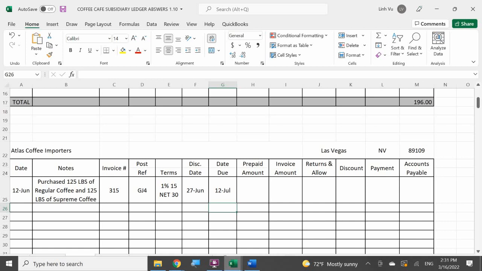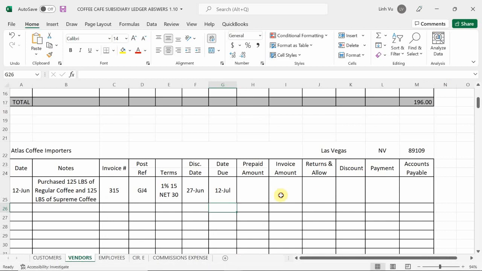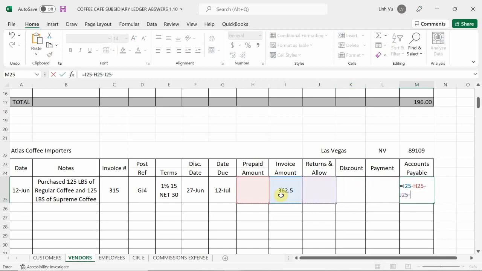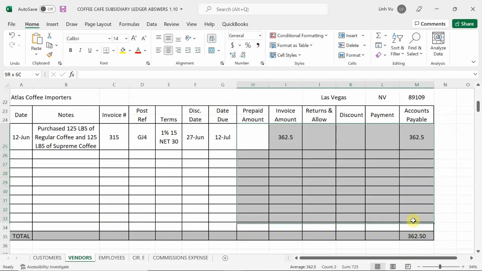Okay? And of course, we need to enter in that we were billed for $362.50. And of course, we didn't pay for it yet. So therefore, if I punch in my formula, it should reflect to me that I owe Atlas Coffee $362.50 with this invoice.